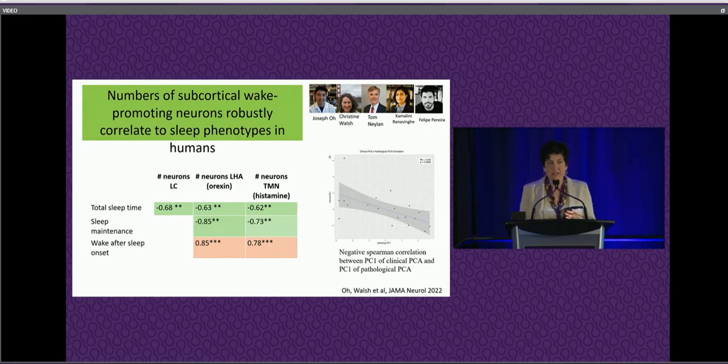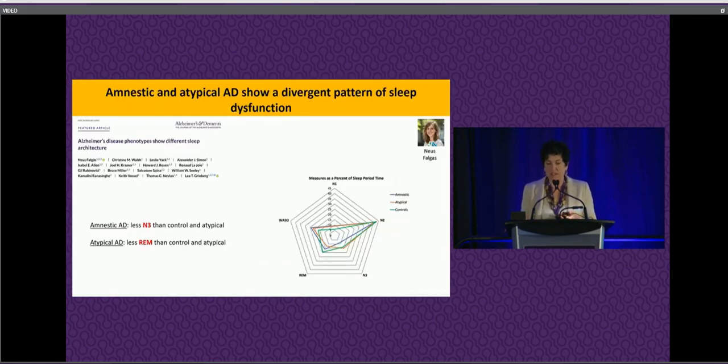We had some studies before in which we examined these areas and we showed that there is a direct correlation between changes in neurons there and clinical parameters of sleep measured by, for instance, polysomnography. So again, it gave us more confidence that what we'll be studying there, we can try to understand if there is a clinical correlation to understand heterogeneity. Now, how does it come to Alzheimer's disease and atypical Alzheimer's disease?